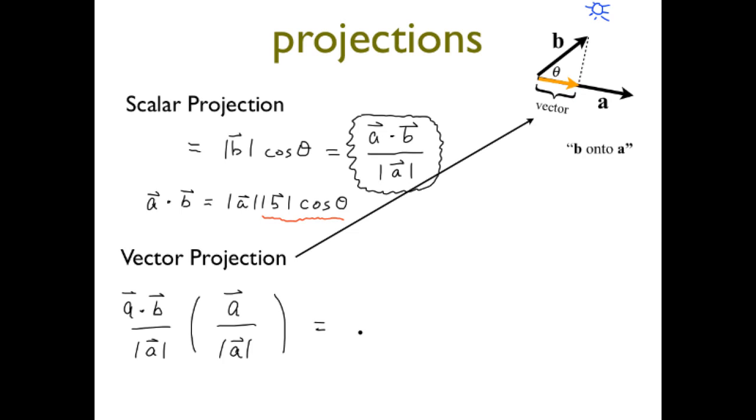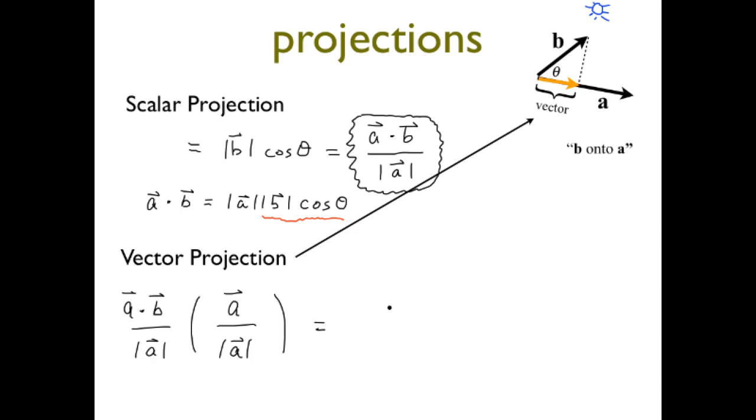Okay, and so then we can simplify that a little bit. What do you notice? Notice we got 2 magnitudes of A down here. So we can just pull that out and square it.